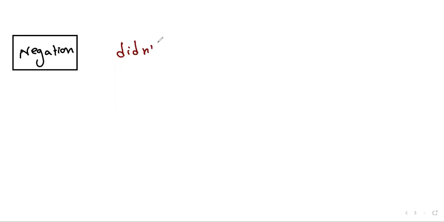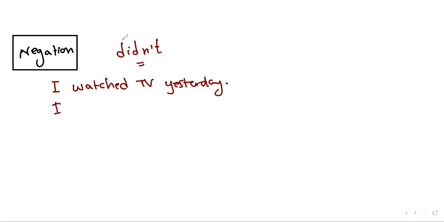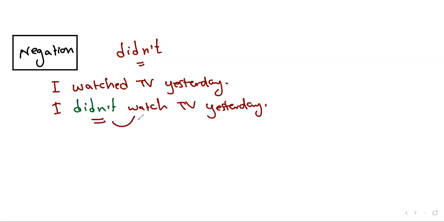For example, when I say I watched TV yesterday, and you want to make it negative, you have to say I didn't watch TV yesterday. And you have to use the base form of the verb with didn't.